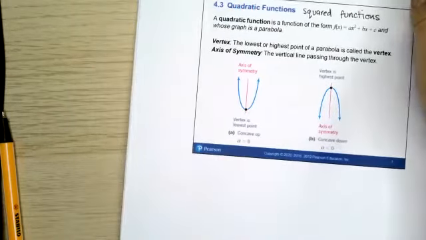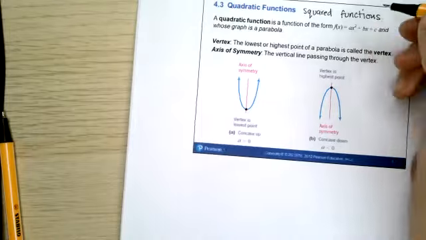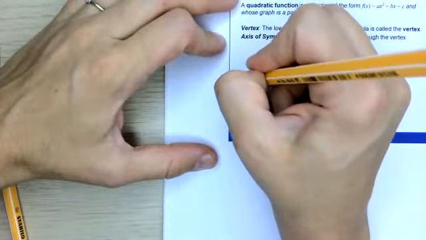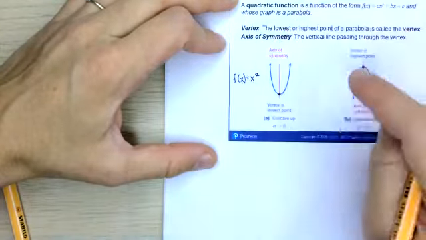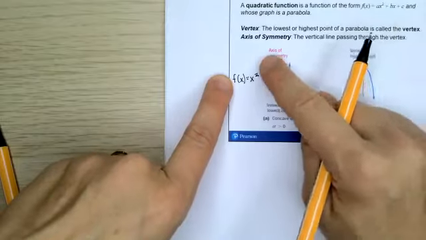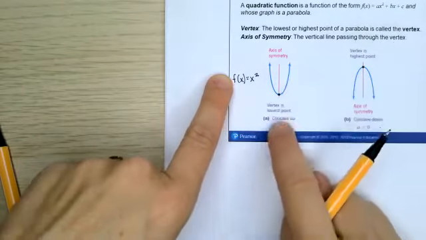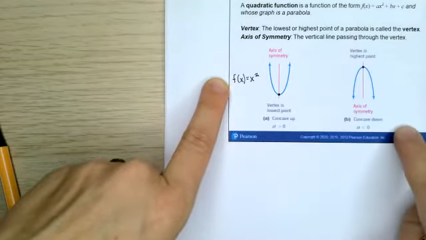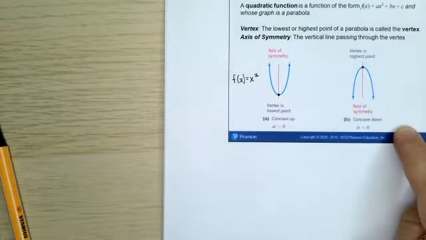the vertex is the highest point. So if you were to just graph f of x equals x squared, you would get this. It's concave up, opens up like a cup, concave down, opens down like a frown. Good.